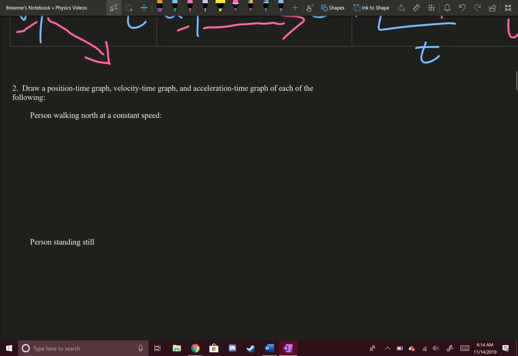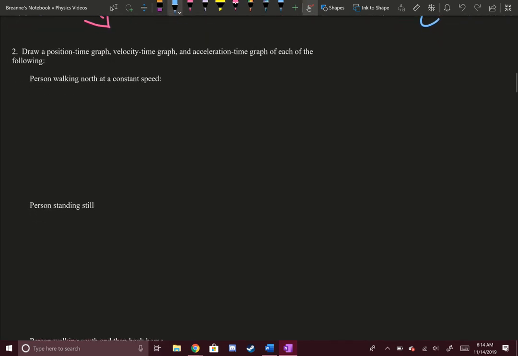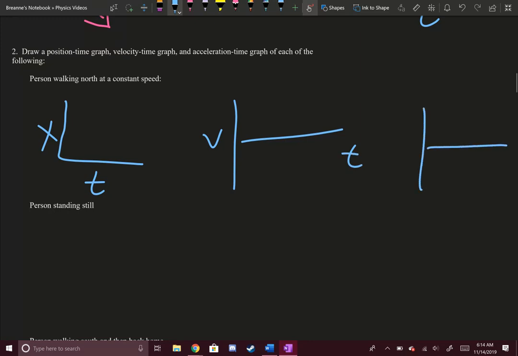So, a person walking north at a constant speed, and we're going to be drawing our graphs. North is a positive direction. Remember, constant speed.